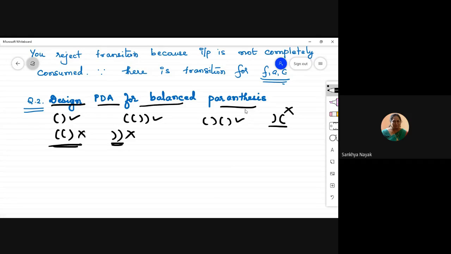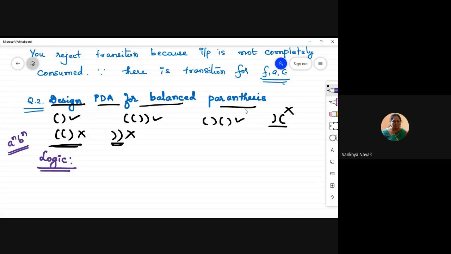Okay. So we have to write it. Let us develop the logic. How are we going to design a PDA for this balanced parenthesis language? Simple, it's almost similar to your a power n b power n. Almost, not the same.